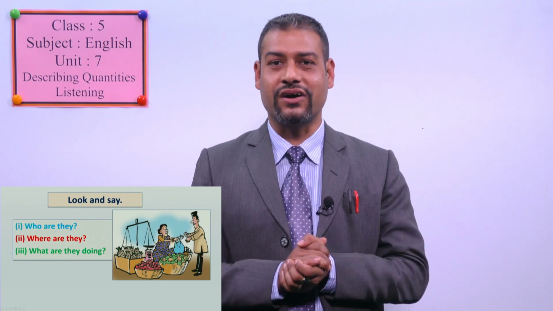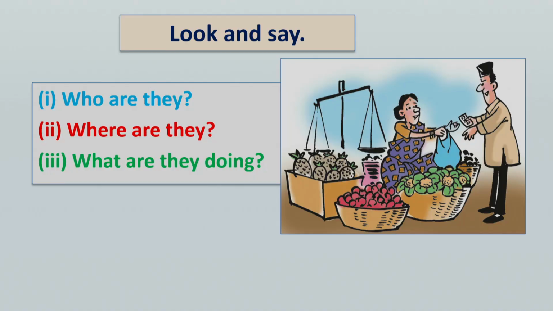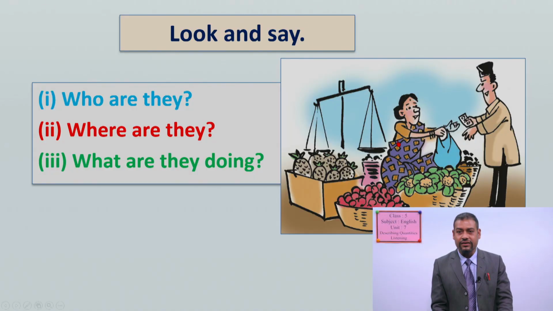Yes, you are right again. The shopkeeper is this woman, a person who sells the things. And she is selling fruits here, okay? And who is the customer? Yes, very surely the man is the customer because he is buying the fruits there, okay? So who are they? The answer is they are shopkeeper and a customer, all right?